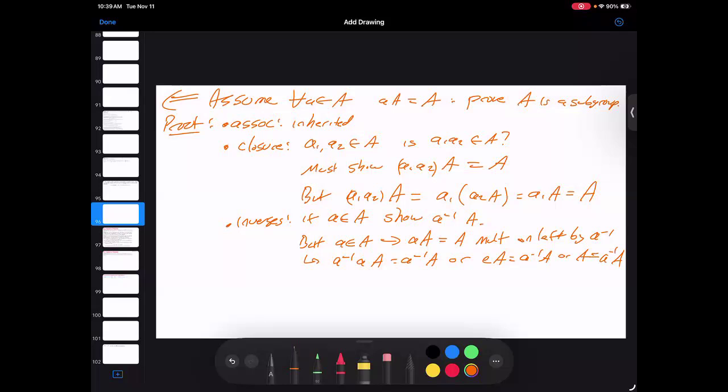So what's the only thing that's left? What's the only property we still have to do? Identity.